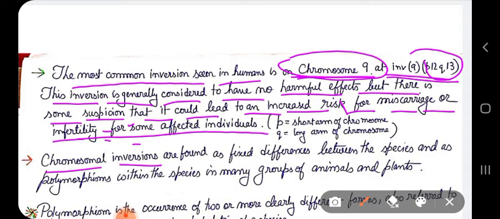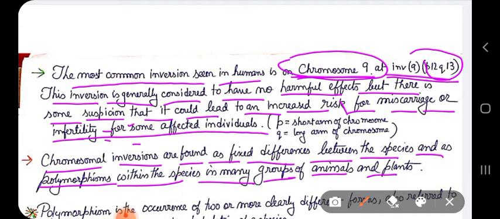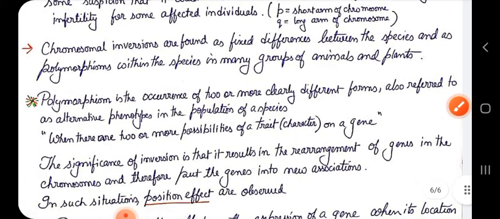Chromosomal inversions are also found as fixed differences between species and as polymorphisms within species in many groups of animals and plants. So you find this type of inversion between species, and polymorphisms within the same species, in many groups of animals and plants. And what's the importance? Why are so many different types of inversions found among species without causing harmful effects?